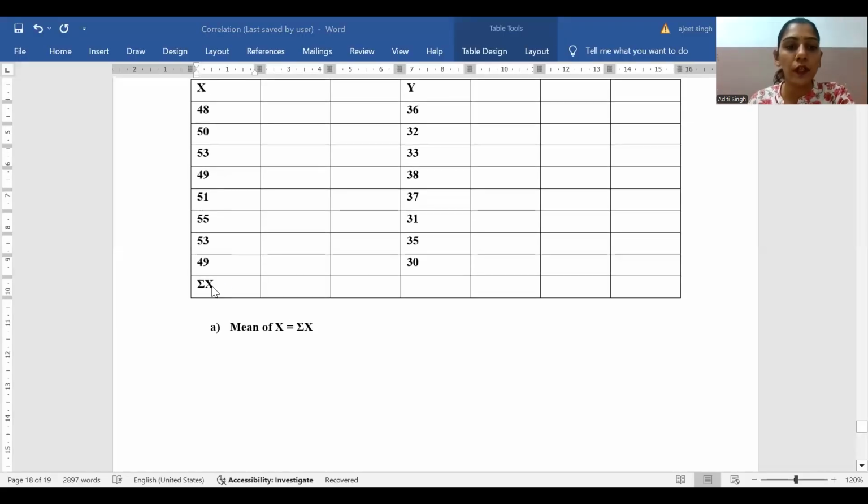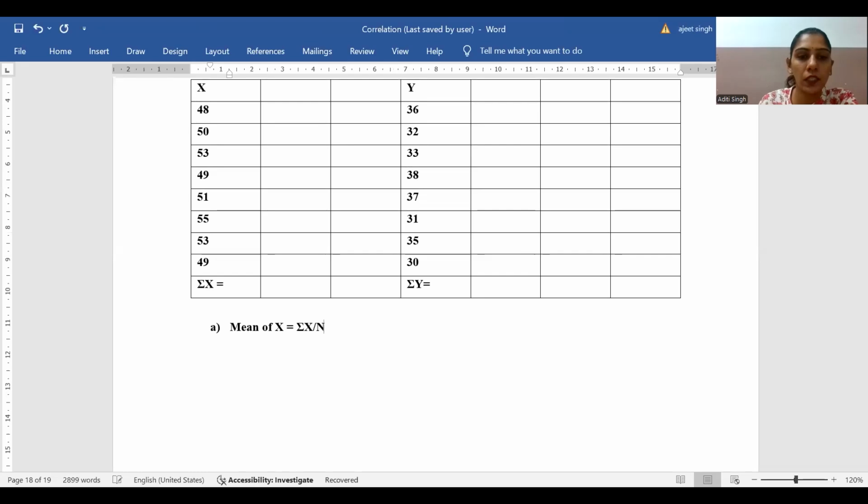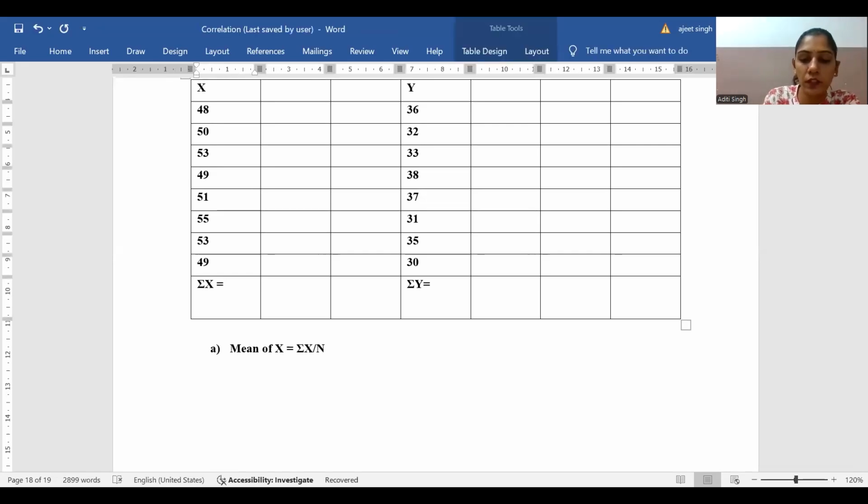So first of all, we have to do the sum of the given x series and also the sum of the y series so that we can calculate the mean. The total number of observations is 8. Now let's calculate the sum of x and y.